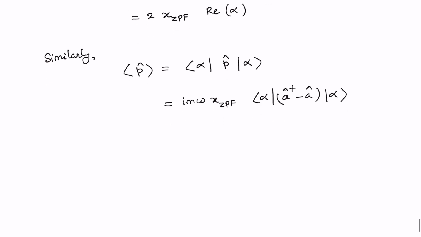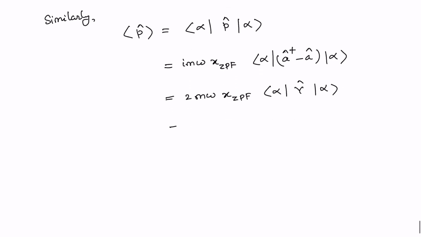If you do the calculation, you can again write it in terms of the quadrature operator y, ⟨α|ŷ|α⟩, and this is going to give you twice m ω x zero-point fluctuation times the imaginary part of α.